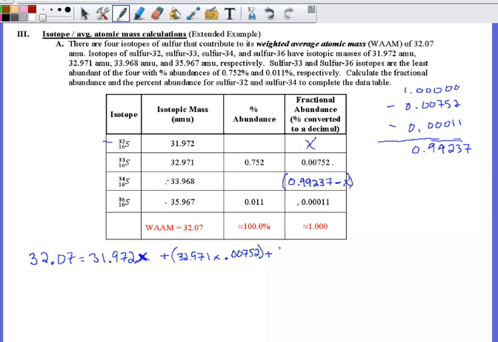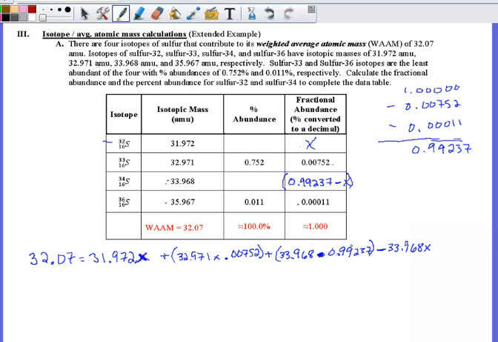Okay, so your 33.968 is multiplied by your 0.99237, and then it's multiplied by negative X. So you just say minus 33.968X.